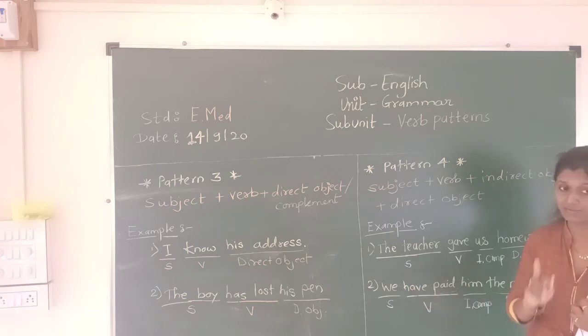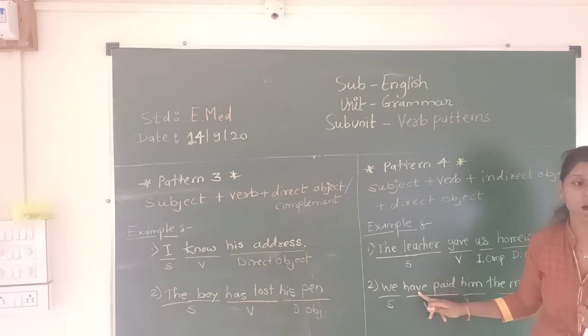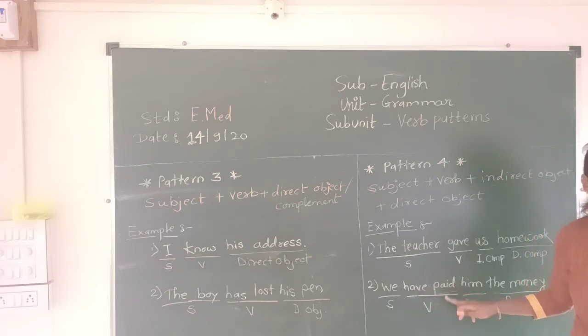One more time, listen carefully: have is the auxiliary verb we use, and paid is the main verb. Then him. Him is an indirect complement. As I have told you, him, her, them, they, us, this type of words are known as indirect complement words. So him is the indirect complement and the money is the direct complement.